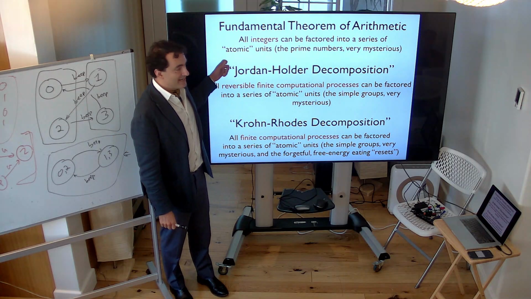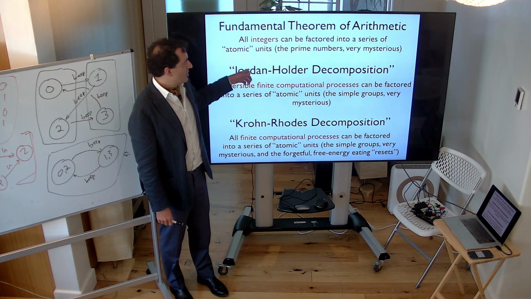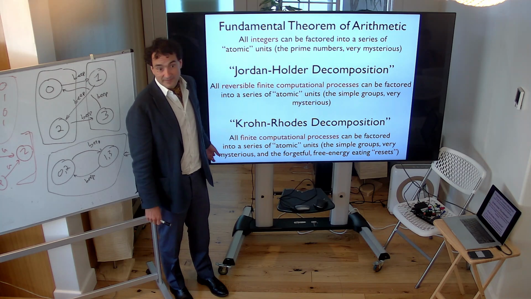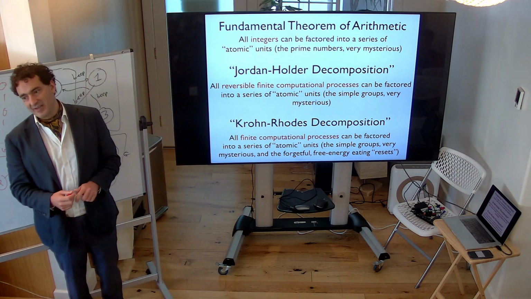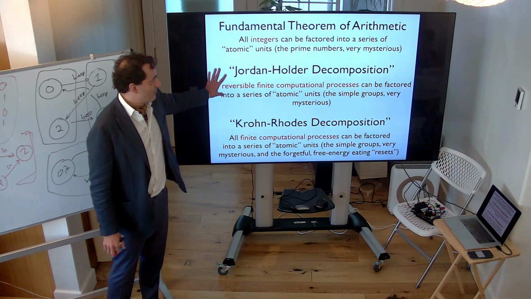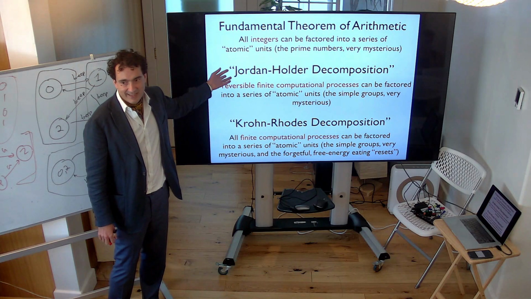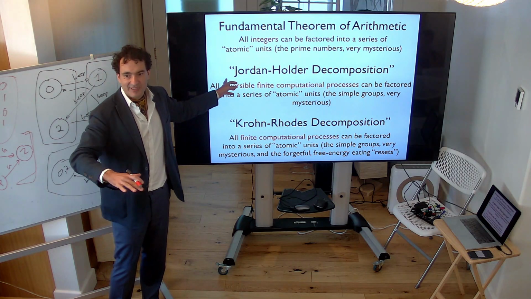So if we include those irreversible processes, our machines go from being mapped onto mathematical groups to what are called semigroups. For many years, we thought that semigroups didn't have enough structure to have one of these nice decomposition theorems. We had Jordan-Hölder for a long time that said we could decompose reversible computations into stacks of simple groups.